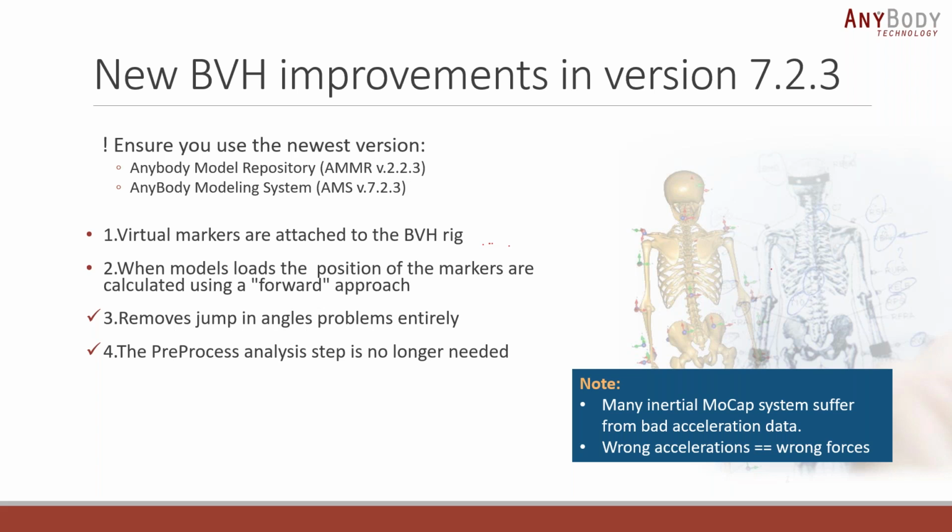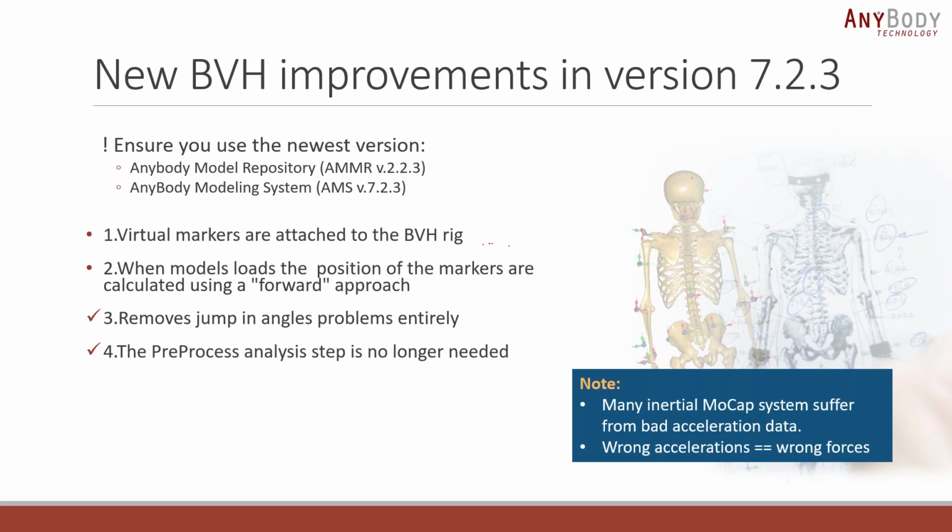Also, on a side note, you have to remember that with these inertial mocap systems, if you have bad accelerations, you will also get bad data. This is especially true for very dynamic motions. We've generally seen that the Cand.Scient.Tech system performs really well, but we have seen other inertial mocap systems that can give problems.